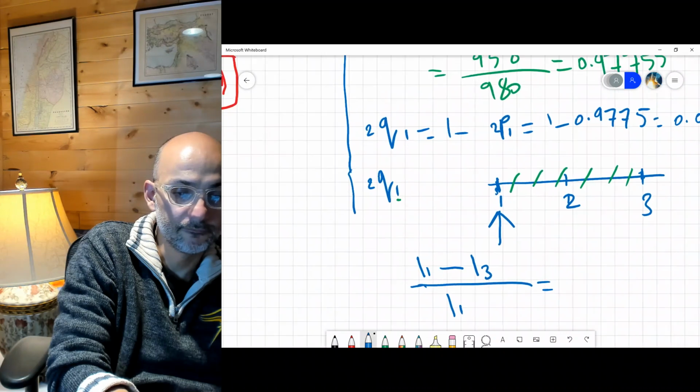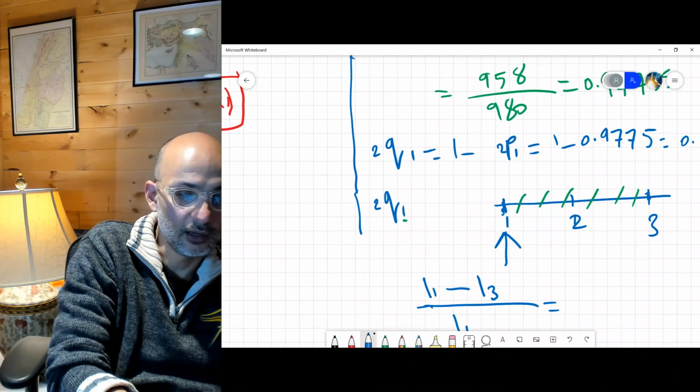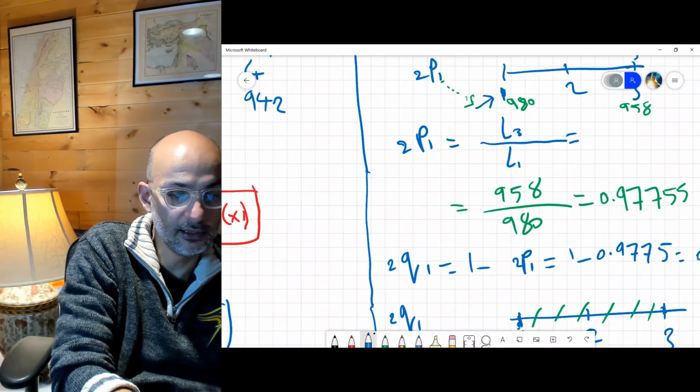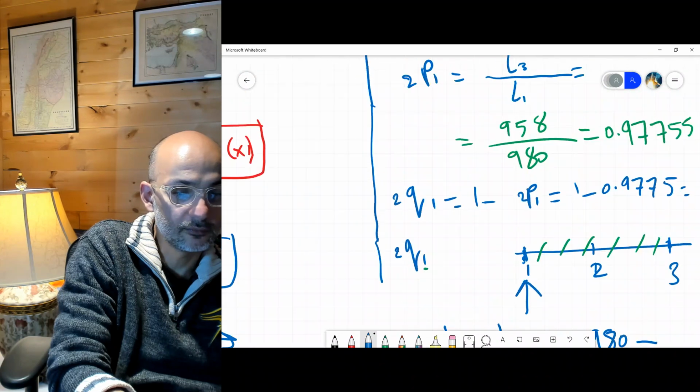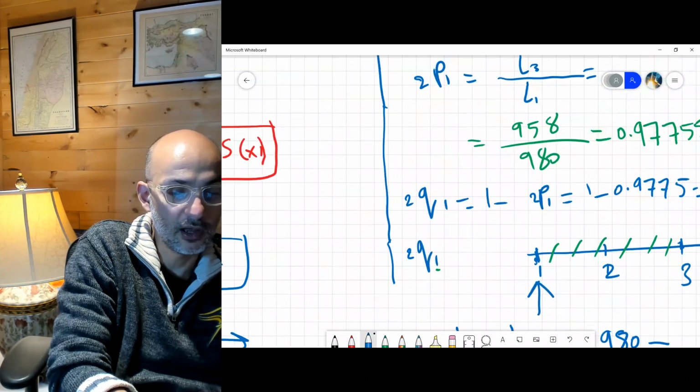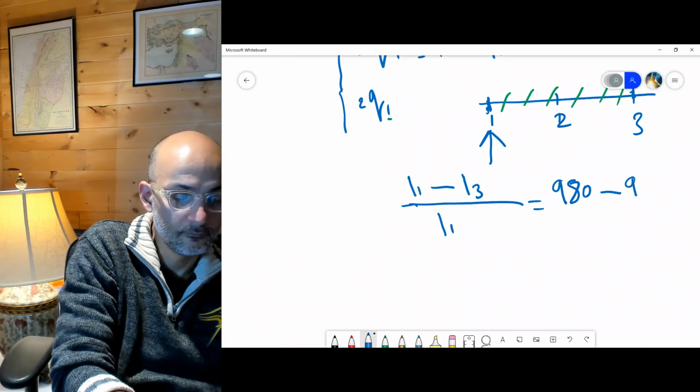So L1, which I have written here, is 980, minus L3, which is 958, divided by 980.